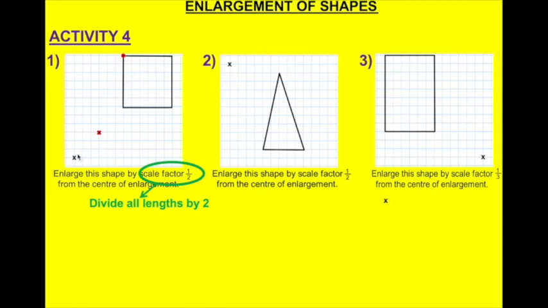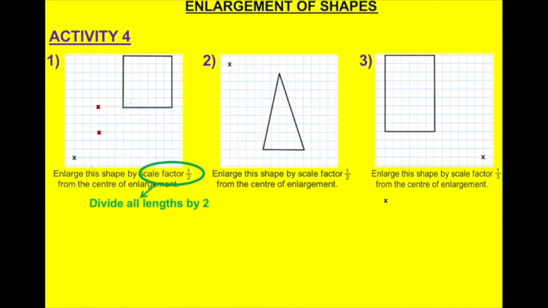Sorry, can you see that? 1, 2, 3, and 1, 2, 3. 3 units to the right and 3 units up. Let's pick another point, which is 6 units to the right and 12 units up. This becomes 3 and this becomes 6. There you go.